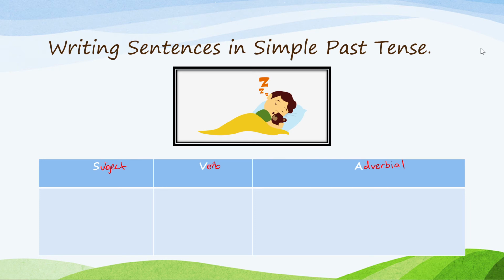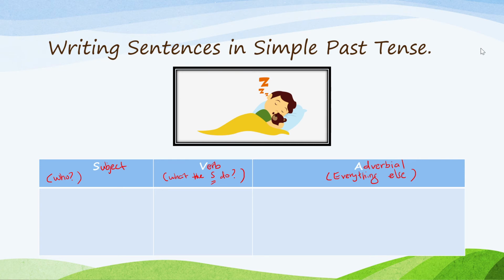Okay, as we learned before, subject is who. Alright, who does it? And the verb is what the subject do. And adverbial is everything else.